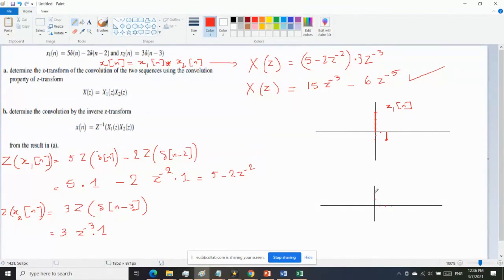This is x2. Okay, so now we're going to do the convolution. Of course, we can do the convolution in tabular form.